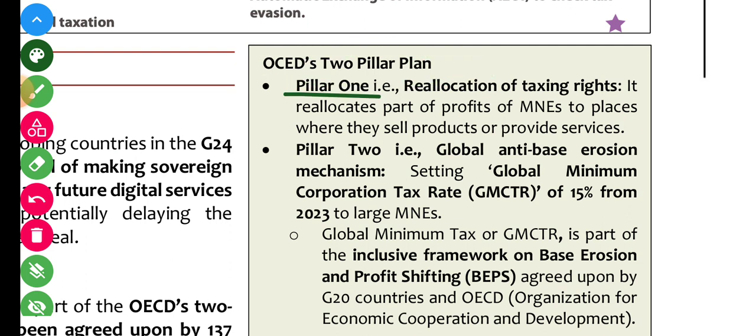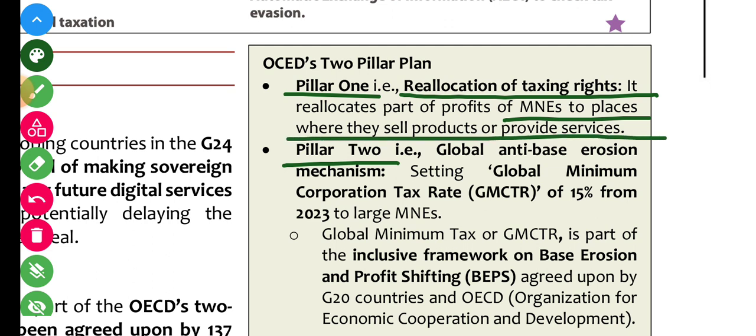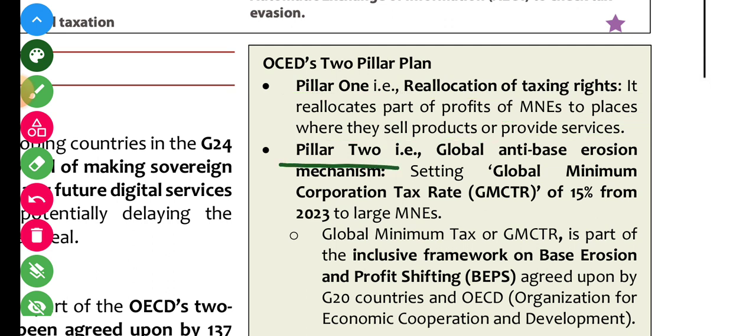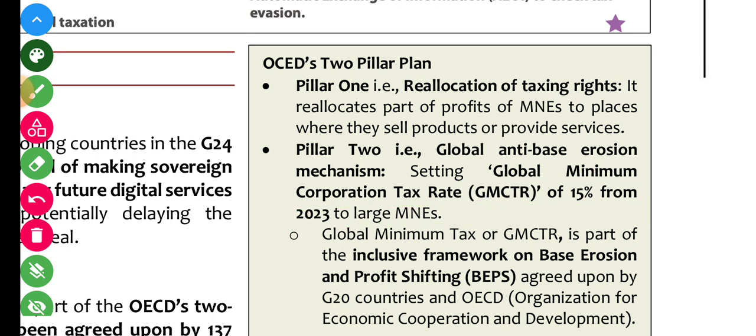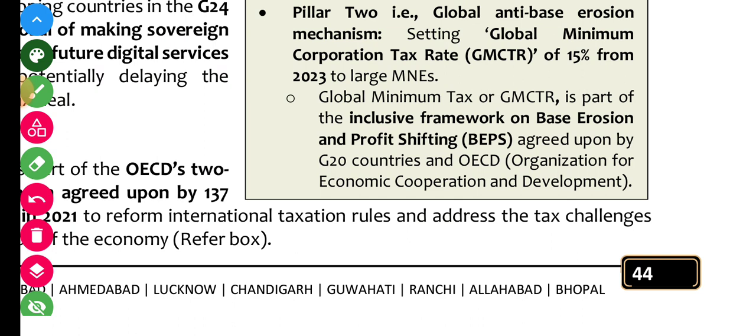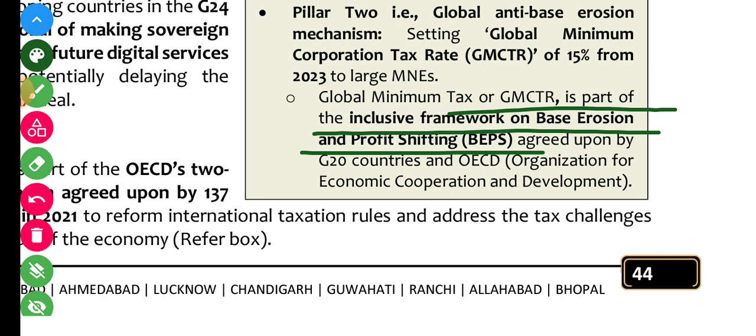OECD two-pillar plan: Pillar 1 is reallocation of taxing rights, of multinational enterprises to places where they sell products or provide services. Pillar 2 is a global anti-base erosion mechanism, setting a global minimum corporation tax of 15% from 2023 on large multinational enterprises. Global minimum tax is part of the inclusive framework on base erosion and profit shifting.